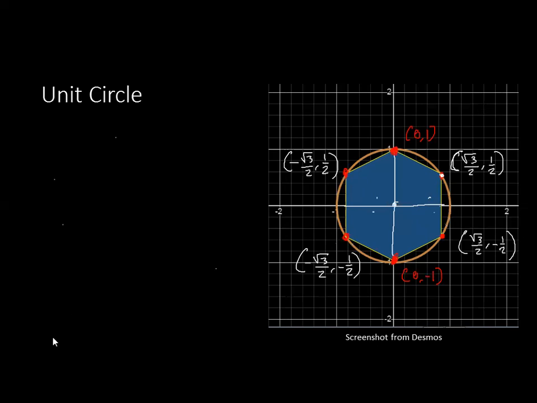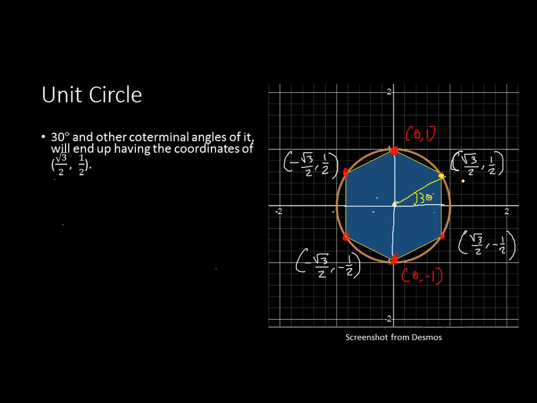Okay, so if you have an angle of 30 degrees, you will have the coordinates of square root of 3 all over 2 and 1/2. That means if you have 30 degrees and other coterminal angles of it, you will have the coordinates of square root of 3 all over 2 and 1/2. Next, what if you rotate it even more until you reach this vertex?